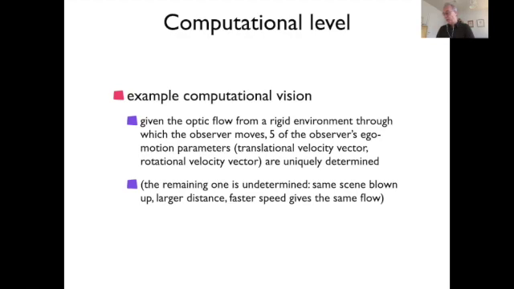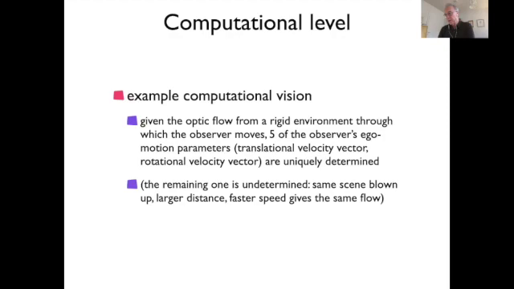observer. And one can theoretically prove that if you have the optic flow, you don't know the environment, you just know it's rigid, that you can then uniquely determine 5 of the observer's ego motion parameters. Right? The observer is a rigid body, a camera, let's say, or your eye, has 6 degrees of freedom, 3 translational and 3 rotational ones. And of these 6, you can determine 5 uniquely from the optic flow.